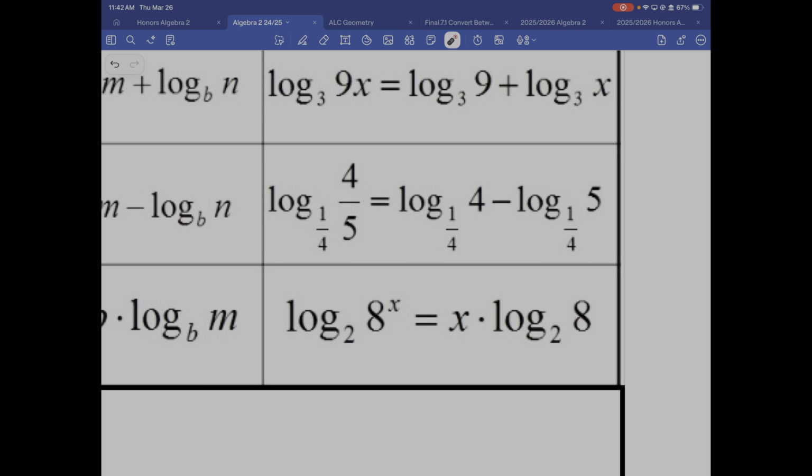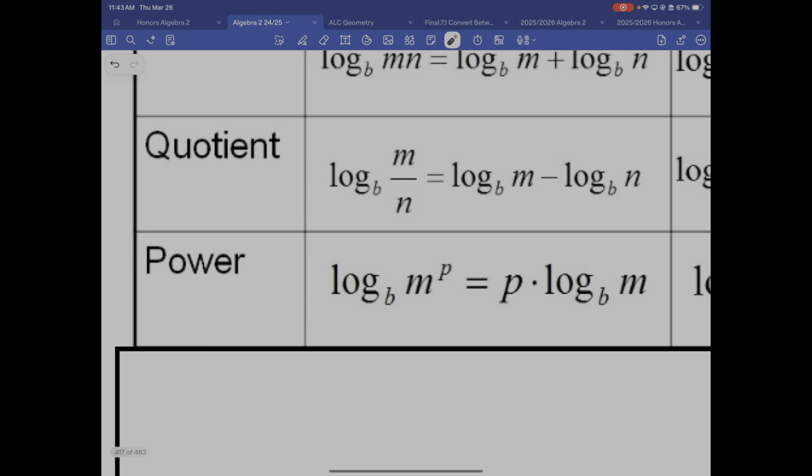That's equal to the log base 1/4, the base of your log stays the same, of your numerator, 4, minus the log, the base stays the same, of your denominator, 5. Those are equivalent to each other. Single log to expanded logs. Need to be able to go both directions, and we'll practice going both directions here in just a minute.